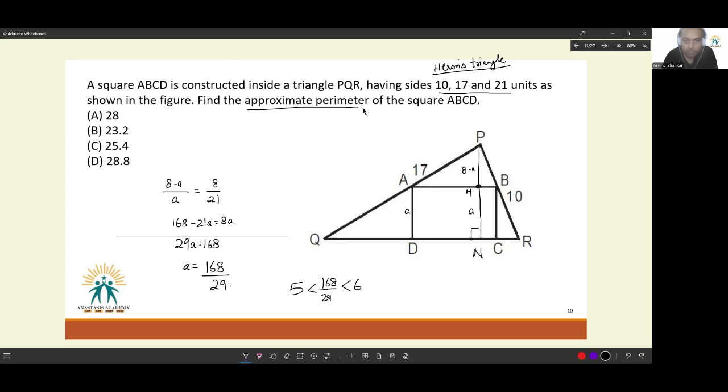Finally, they've asked me the approximate perimeter of the square. If one side is 168 by 29, the approximate perimeter will be 4 times of this, which will be greater than 20 and less than 24. Among the available options, there is just one that satisfies the criteria, and that should be the value of the approximate perimeter of the square.